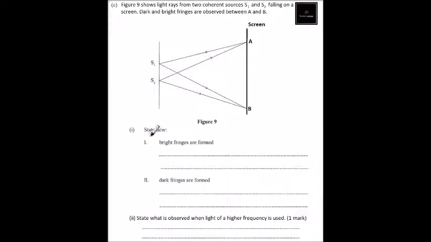Roman number 1, state how bright fringes are formed. So bright fringes are formed due to constructive interference.